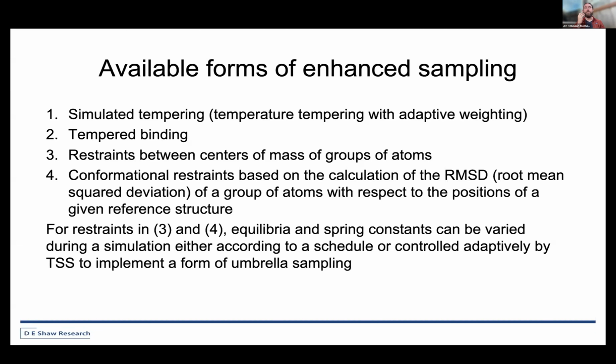And these things can either be controlled by TSS, or you can just set a schedule. So if you want to do non-equilibrium sampling, where you pull something out of a pocket one step after another at points in time, that is also available.